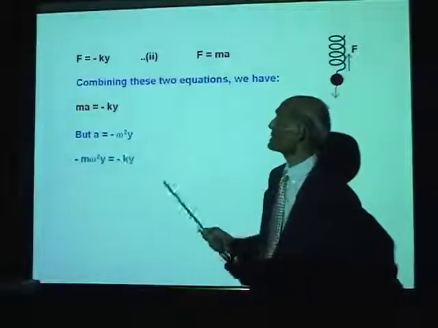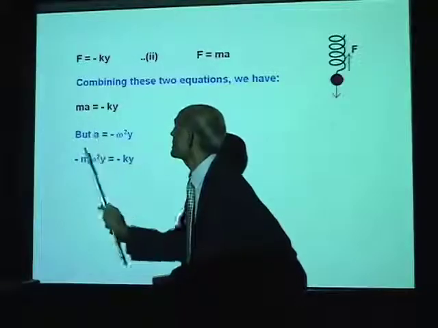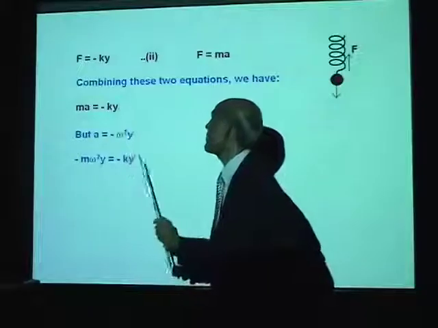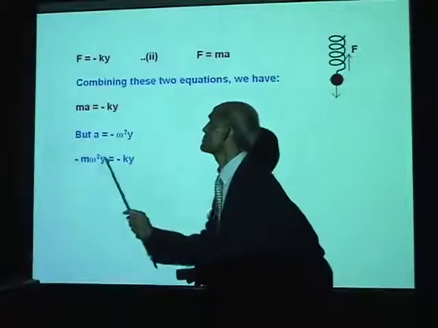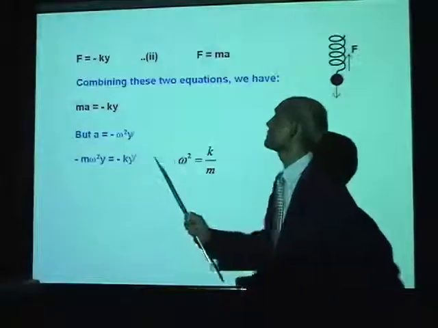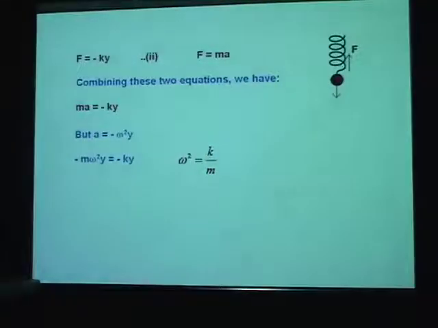What happens to the equation? It will be m, mass times acceleration, becomes m times negative omega squared y equal to negative ky. And of course the negative on both sides will cancel. Is that right? Let me take you back in here. In this equation, the negative and the negative goes, y and y goes.